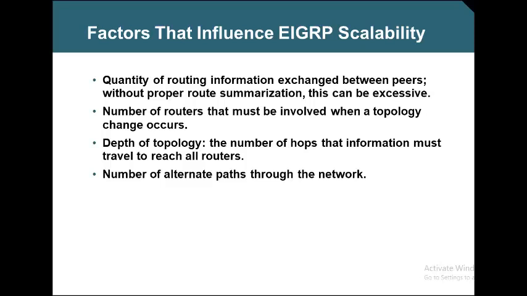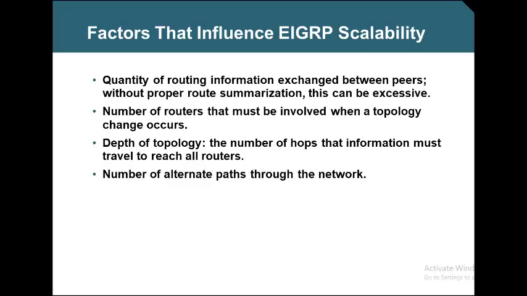Next is the number of routers that must be involved when a topology change occurs. When a change occurs, if only one router or the immediate two routers get disturbed, it is okay.